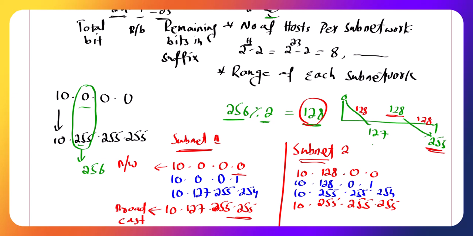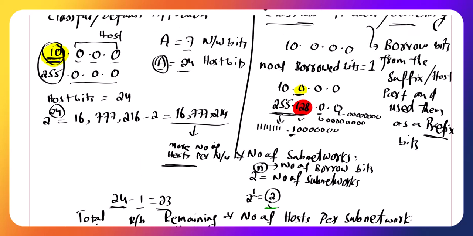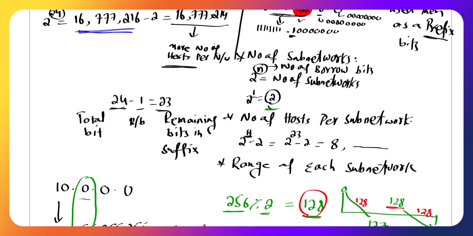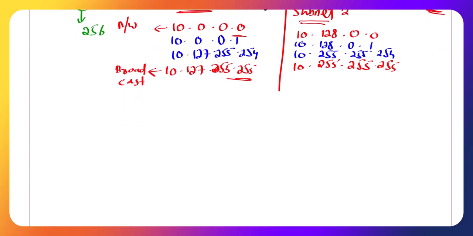So you can see, by subnetting, I divided this single network 10 into two subnetworks, and I decreased the number of hosts from 16 million per network to 8 million per subnetwork. I will solve one more example, then I will end this session and give you some homework. You are required to borrow 3 bits, 4 bits, 5 bits, up to 8 bits. You have to practice.